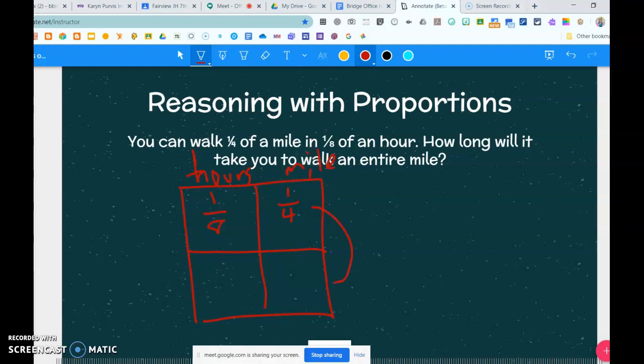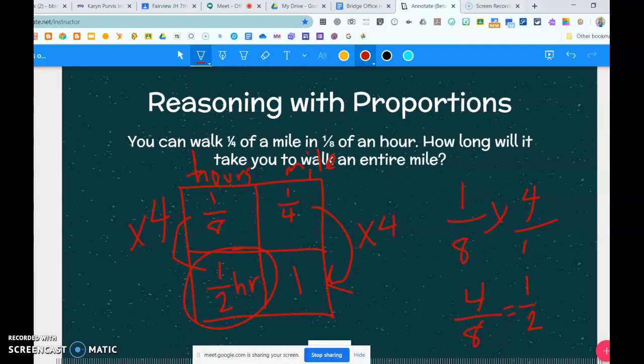What do I multiply 1/4 by to get 1 whole? I multiply it by 4. So what I do to one, I have to do to the other. So 1/8 times 4 is going to give me 4/8, which then equals 1/2. So you can either say 1/2 hour or 30 minutes. But I'm going to leave it in hours since the question was given in hours. So it takes 1/2 hour to walk a whole mile.